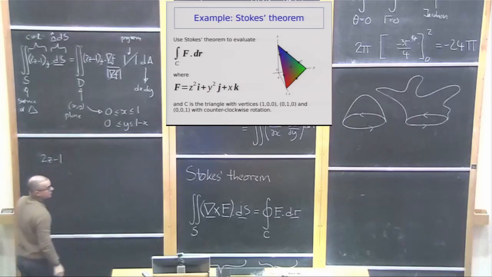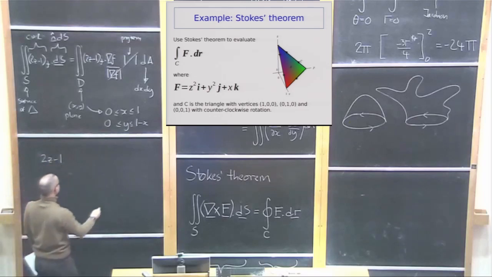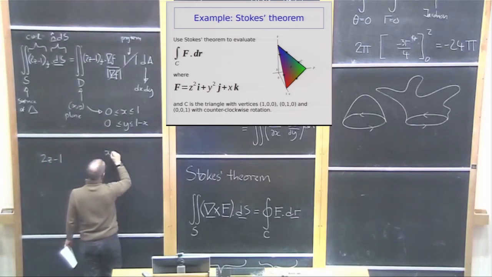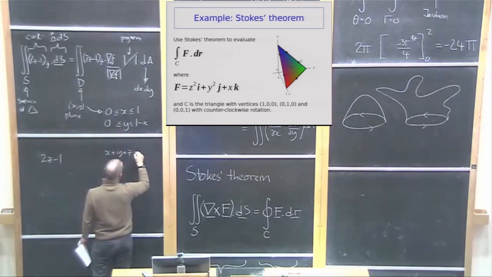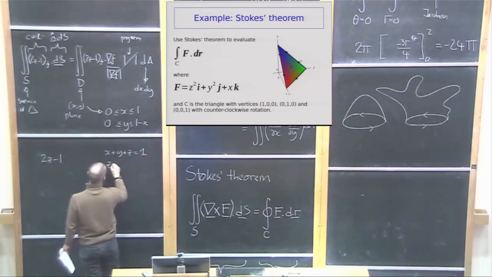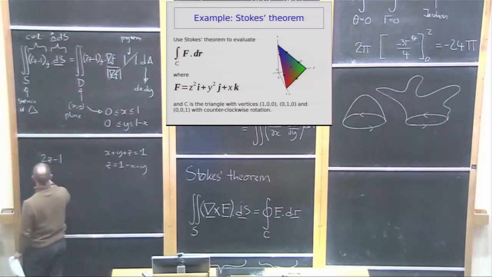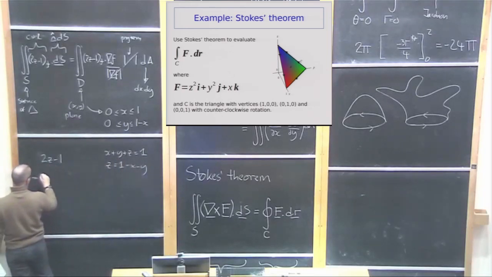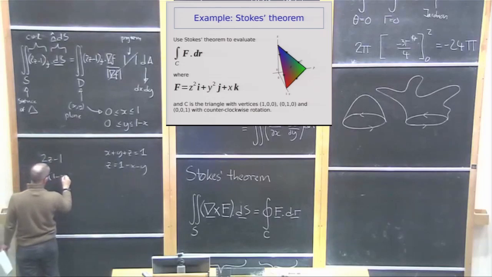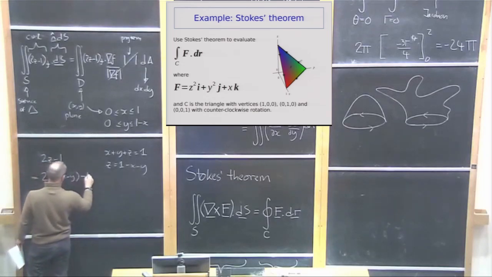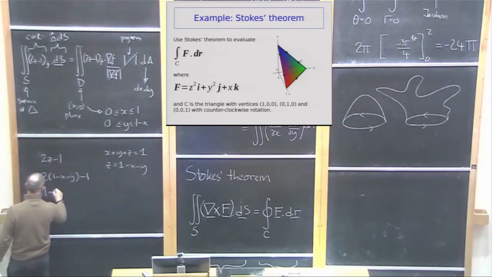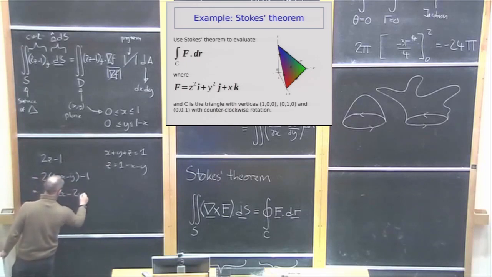And we want this in terms of x and y. So we know our original expression was x plus y plus z equals 1, so z equals 1 minus x minus y. Therefore, 2z minus 1 equals 2 times 1 minus x minus y, minus 1, which equals 1 minus 2x minus 2y.